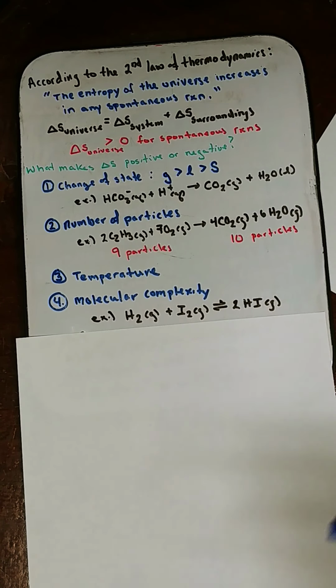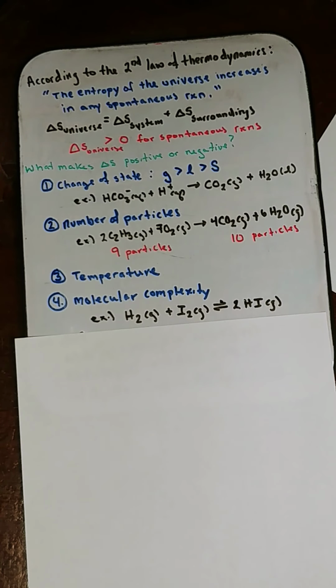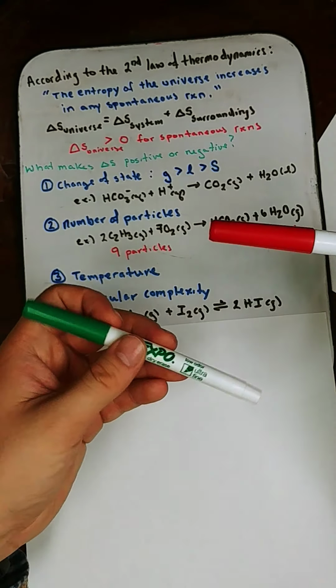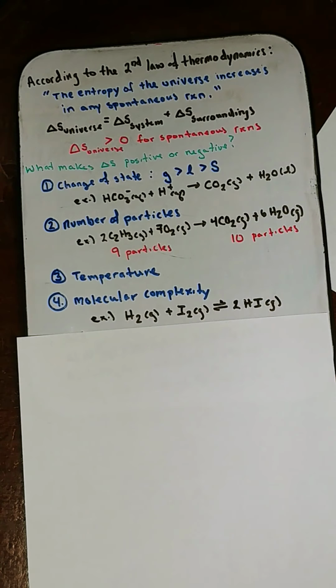Let's look at these 2 markers. So let's say I have 2 markers like this, and this is a terrible example.